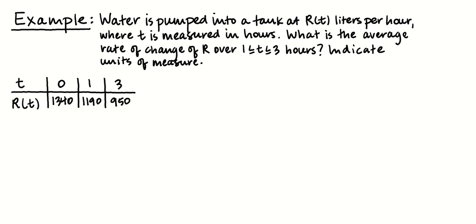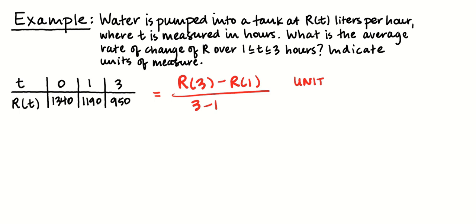Indicate units of measure. Okay, well, we have a formula, right? We know that it's f of b minus f of a over b minus a, so in this case it's going to be R of 3 minus R of 1 divided by 3 minus 1. Okay, and the units are going to be units of R divided by units of t.